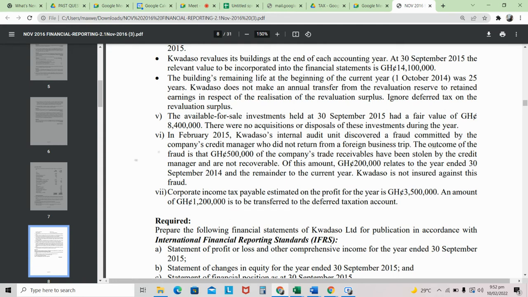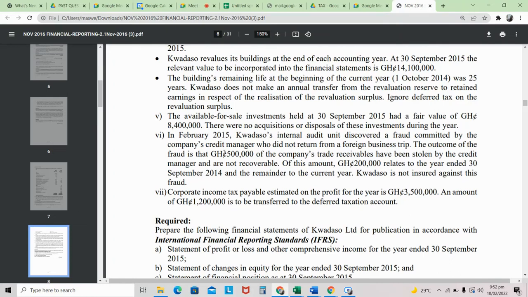The outcome of the fraud is that 500,000 of the company's trade receivables have been stolen by the credit manager and are not recoverable.